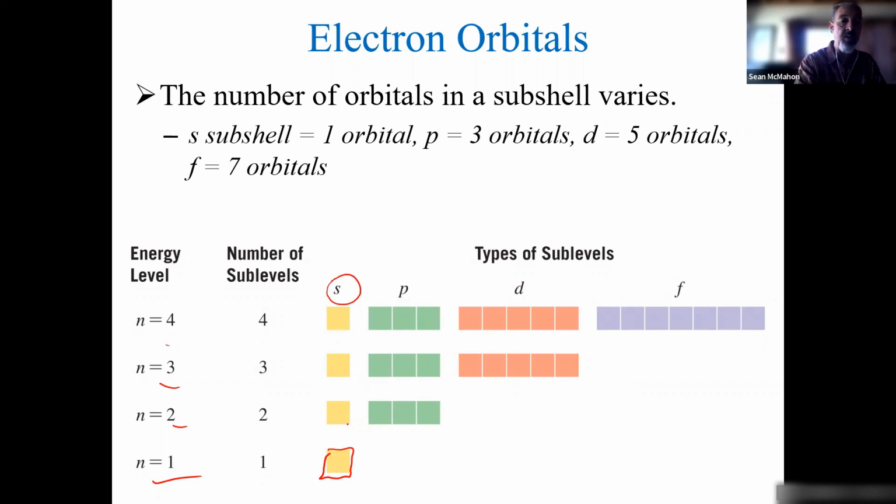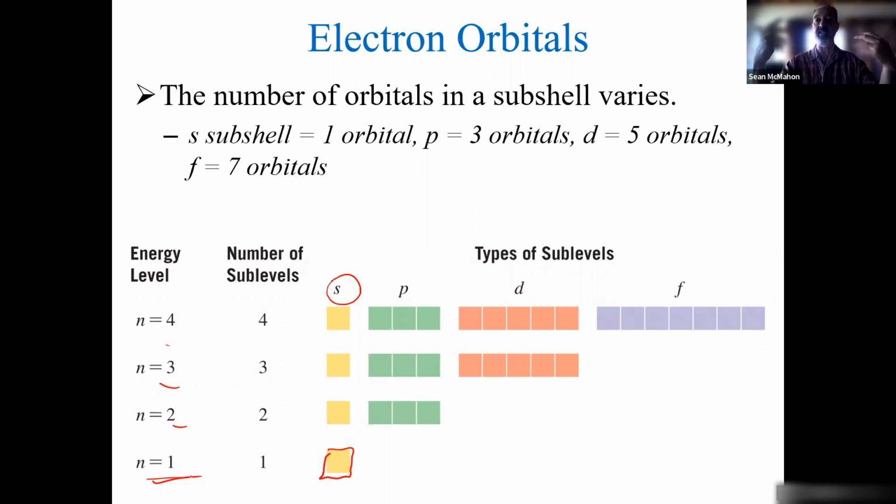Now in energy level 1, I can only have one sublevel, that's S, and then there's only one orbital. There's 2 electrons per orbital. That's why if I go across the first row, there's only hydrogen and helium, because there's only 2 electrons in that 1s sublevel.